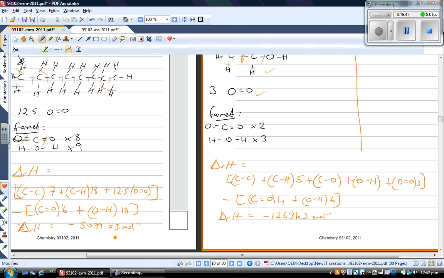So minus 5099 kilojoules per mole, if you divide that by 114 grams per mole, you get an energy for the reaction of 44.7 kilojoules per gram, versus if you take the ethanol's enthalpy for the reaction and divide it by its molar mass, which is 46.1 grams per mole, you'll get an energy for the reaction of 24.5 kilojoules per gram.